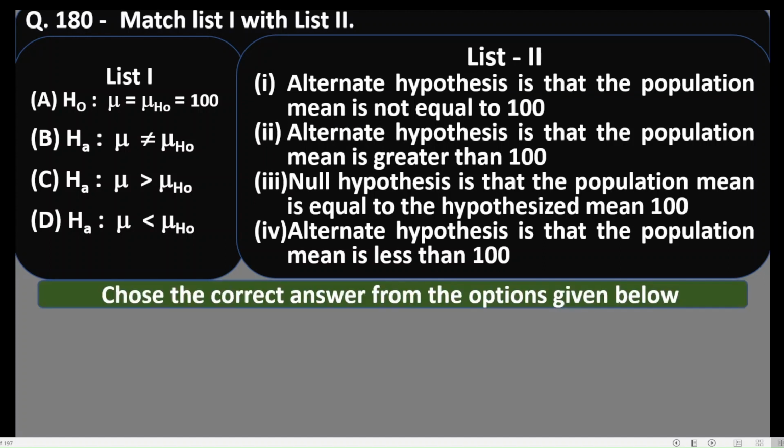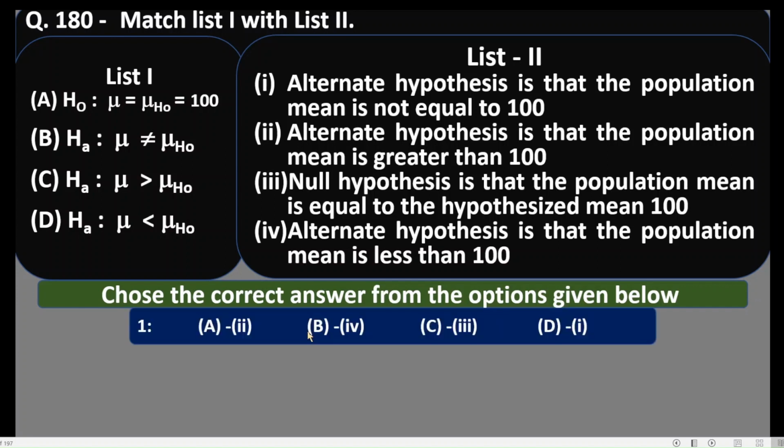Already we have interpreted it. Here you have to remember that the hypothesized mean is 100. And in first situation, in terms of null hypothesis, the assumption is given. And in B, C, and D of list 1, in terms of alternate hypothesis, assumption for population mean is made.